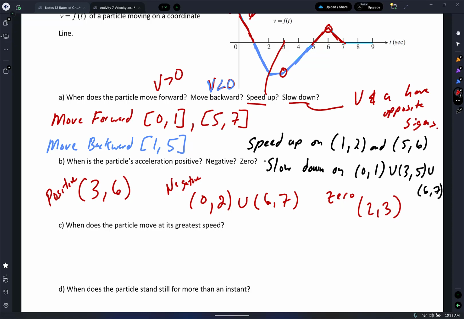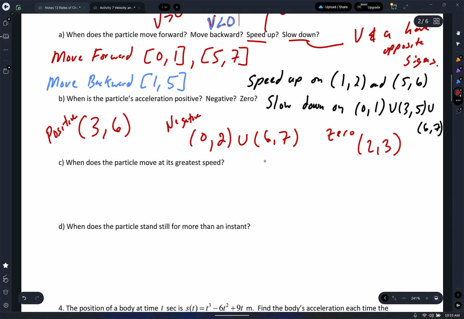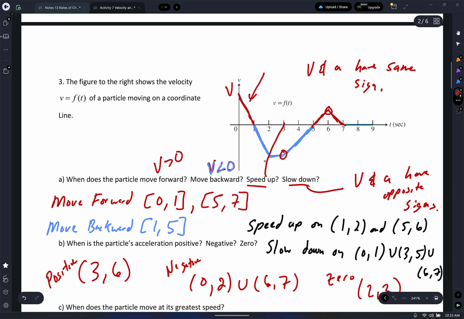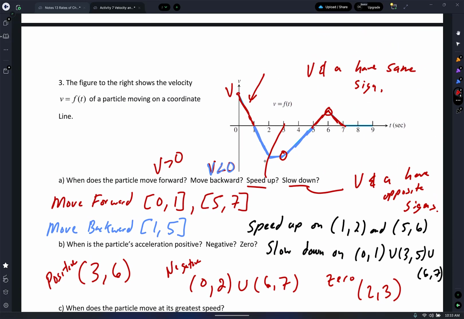We're good? Okay. When does a particle move at its greatest speed? I don't know, it doesn't have numbers here. I guess at 0 at a moment and between 2 and 3 maybe. You're looking for the magnitude. When are you furthest away from the t-axis? Maybe that's a bad question.